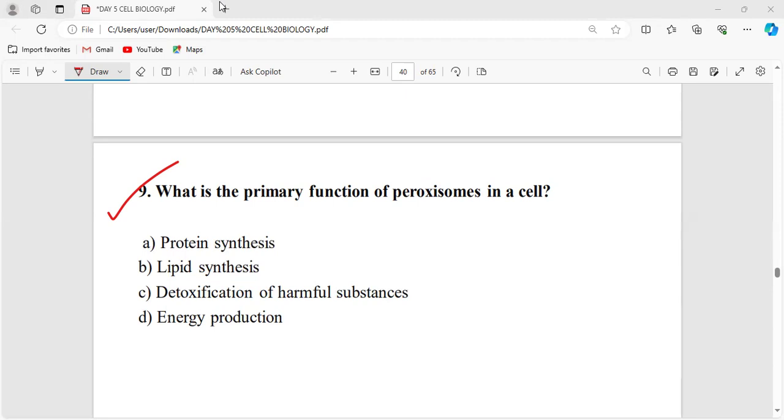Is the peroxisome involved in the beta oxidation process? Mitochondria is also involved in the beta oxidation process, and peroxisome is also involved in the beta oxidation process, but which will be the most important organelle involved in the beta oxidation of very long chain fatty acids?